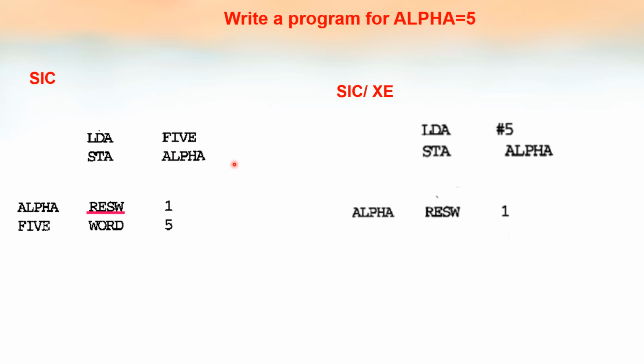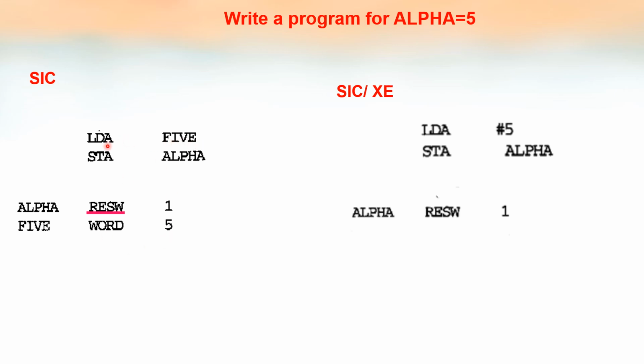Then how will we assign the value 5 to the memory location alpha? Directly, we cannot give alpha equal to 5. Directly, we cannot access the memory. So first we have to move the value to the accumulator, and then from the accumulator we have to move it to the memory location. That is done here: LDA FIVE. LDA means load accumulator with this constant 5.